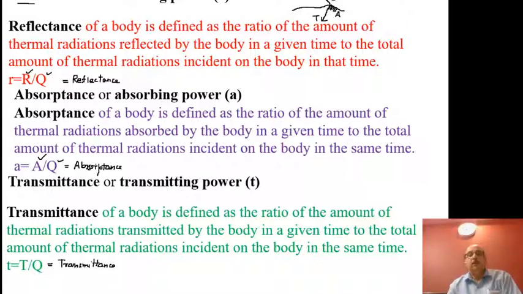As we found earlier, the heat radiation Q is equal to R plus A plus T. If we divide this equation by Q on both sides, then Q by Q will be equal to R by Q plus A by Q plus T by Q. Q by Q is 1, and capital R by Q is the reflectance, represented by small r, capital A by Q is the absorptance of the body, represented by small a, and capital T by Q is the transmittance of the object.